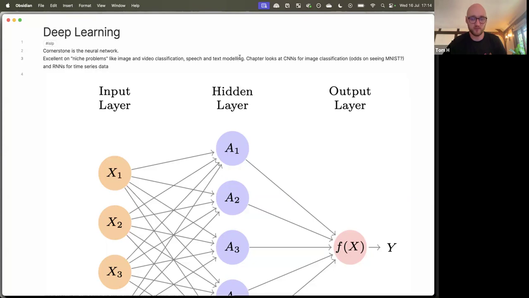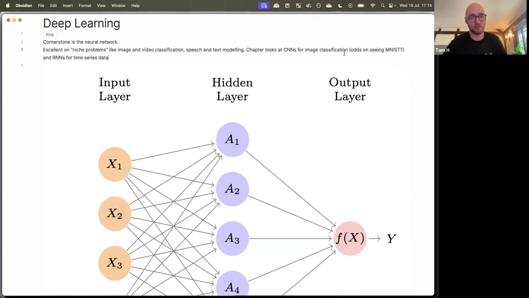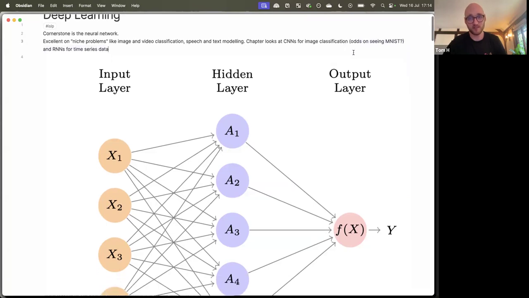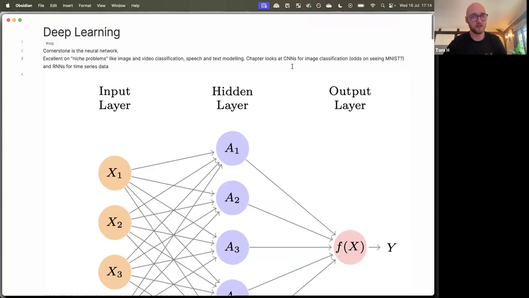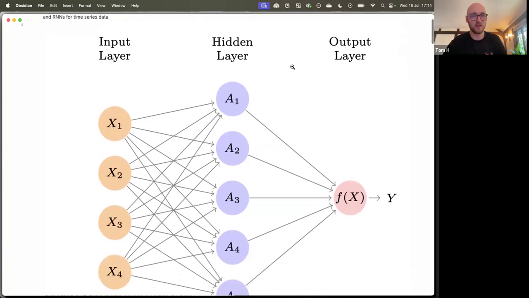The chapter is focused mainly around CNNs, convolutional neural networks, and RNNs, recurrent neural networks. I wrote this joke here because it seems like anytime you read anything about deep learning, it's only a matter of time until you see the MNIST data set come up. And indeed we do.